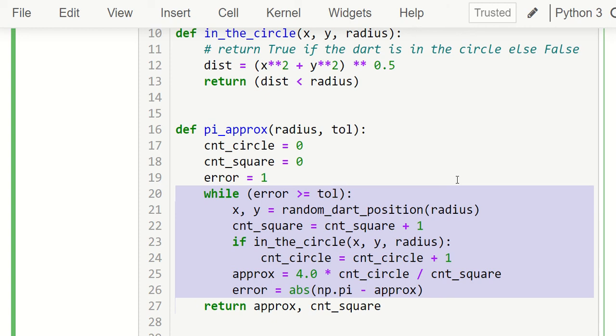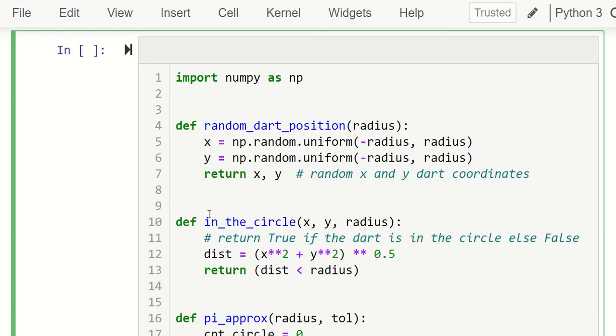So I now need to call the in_circle function to determine whether that dart throw, which I've already added to the number of darts in the square, is also inside the circle. I pass to the in_circle function the x and y coordinates and the radius. That's how we constructed it, and I use this in an if statement. Remember, this in_circle function returns a Boolean variable, true or false.